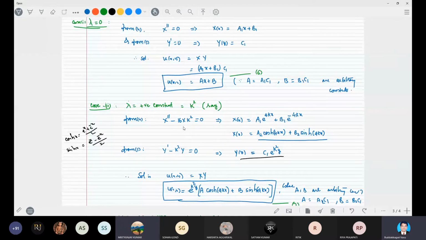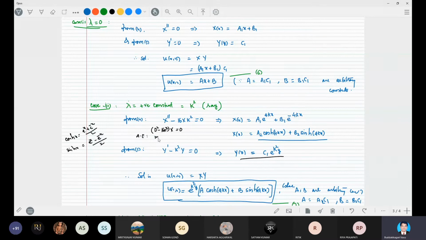This is an ordinary differential equation, X double dash minus 16k square X is equal to 0, which we can write in operator form as D square minus 16k square into X is equal to 0, right? Its auxiliary equation is m square minus 16k square is equal to 0.